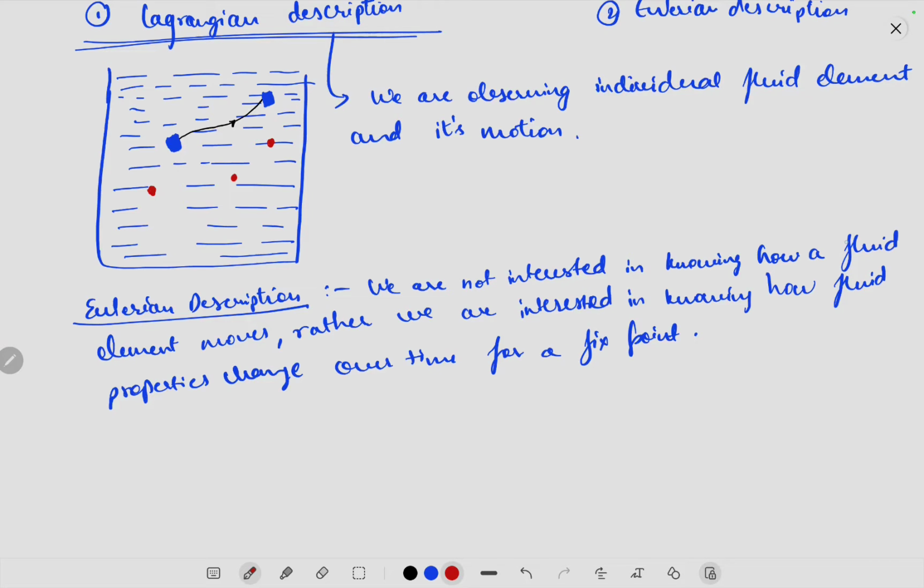And I'll measure the measurable quantity like pressure at that particular location with time. Okay, so that's why, because our probes cannot be moved with the fluid parcel or fluid element, we have to describe the fluid in the Eulerian description.